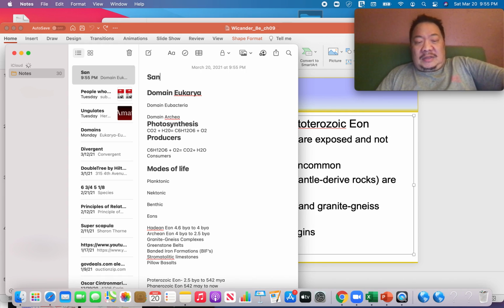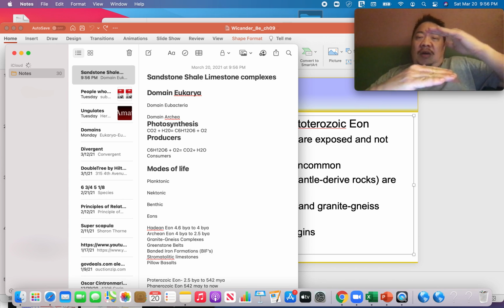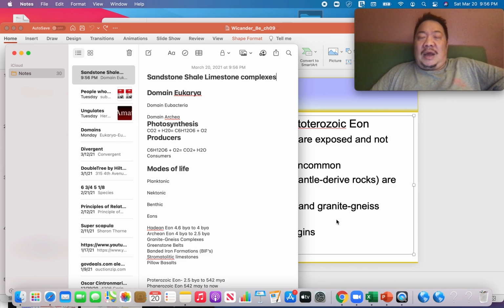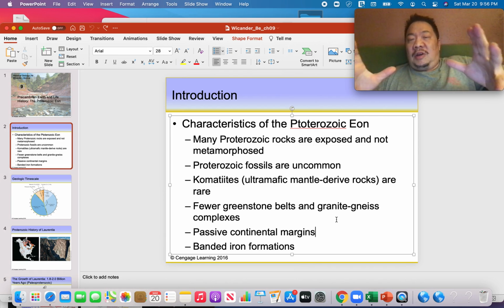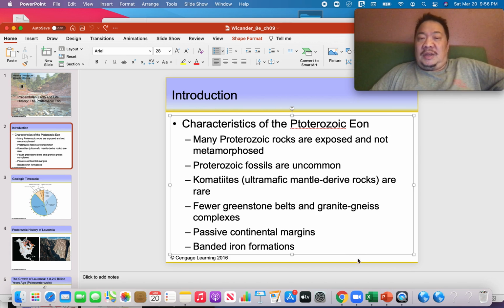We find sandstone, shale, limestone complexes, which consist of sandstone overlain by shale, overlain by limestone, and that indicates stable continental margins, which means coastlines. That means continents were starting to become bigger during the Proterozoic. That's what it tells us.